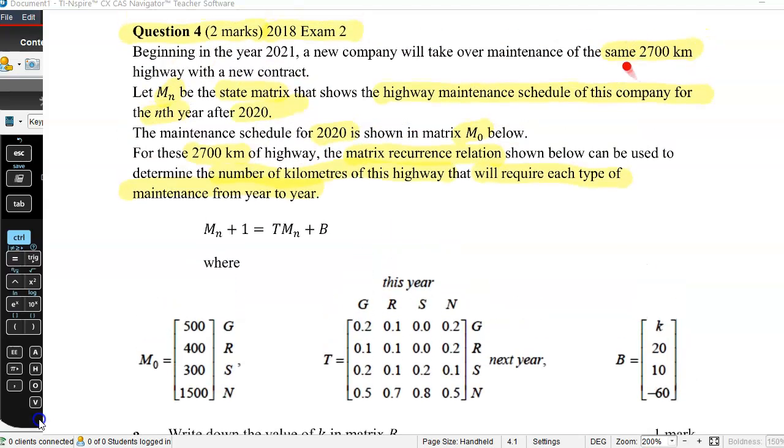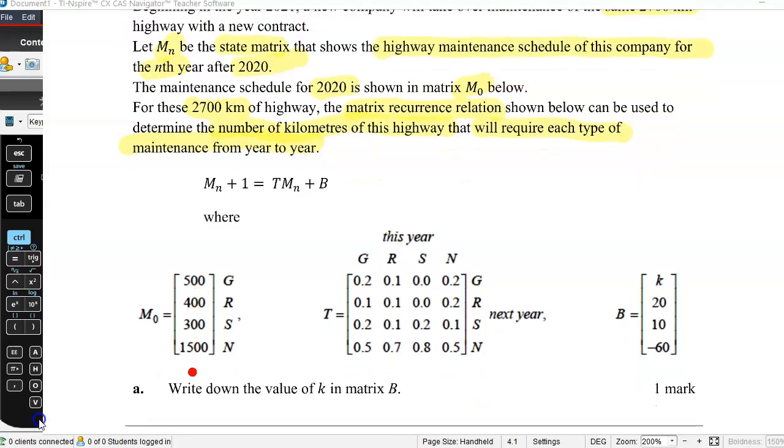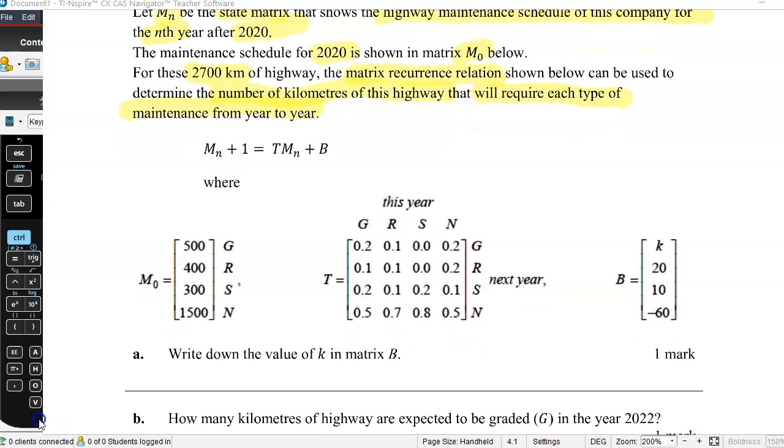However, it's always 2,700 kilometres. So if you added those up, you get 2,700 kilometres. So even for M1, it's still 2,700 kilometres of highway.